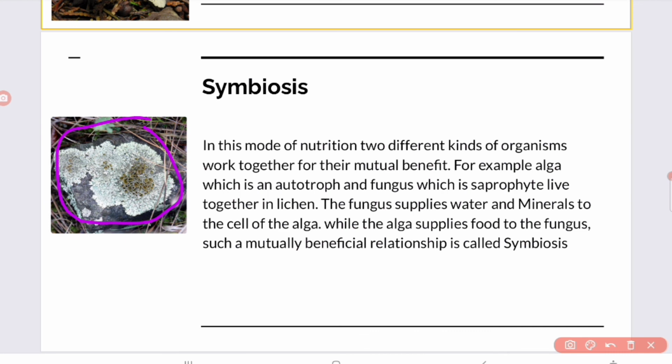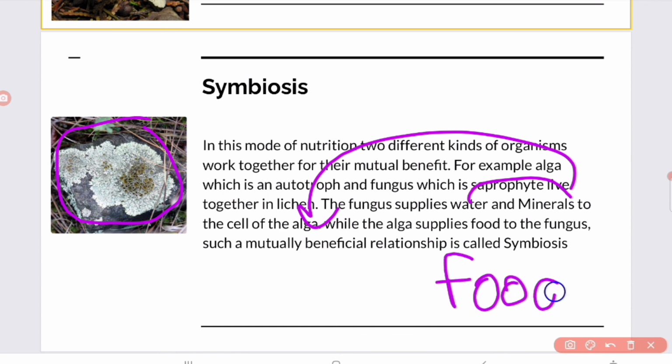Now what do they both do? The fungus supplies water and minerals to the alga, and the cells of the alga prepare the food and supply it to the fungus. That mutually beneficial relationship is called symbiosis.